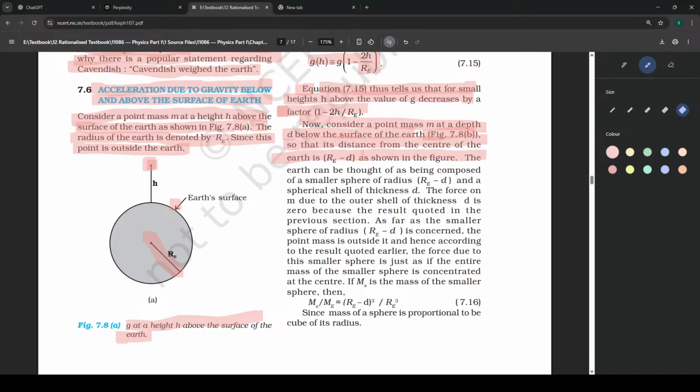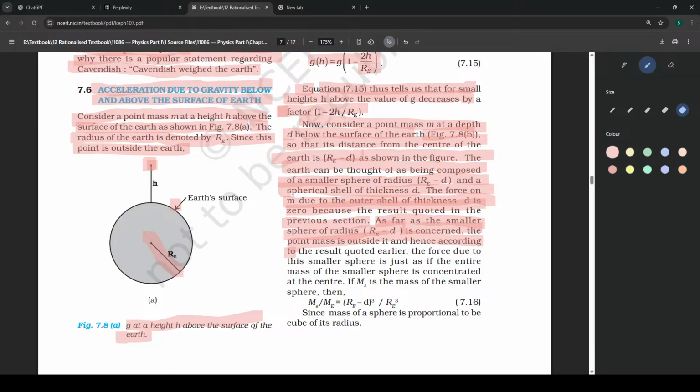As shown in the figure, the earth can be thought of as being composed of a smaller sphere of radius Re minus d and a spherical shell of thickness d. The force on M due to the outer shell of thickness d is 0 because of the shell theorem. That is the result quoted in the previous section. As far as the smaller sphere of radius Re minus d is concerned, the point mass is outside it.